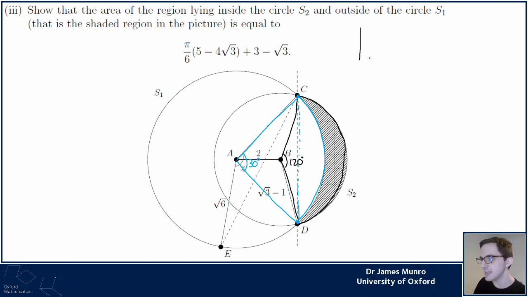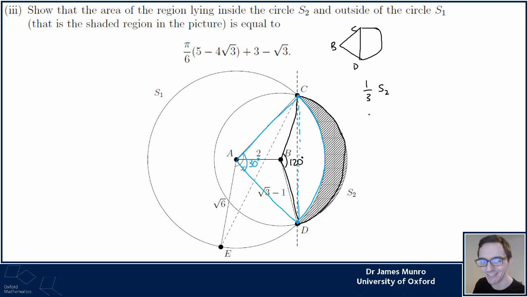So my idea here is I want this area going around the outside, including C to D. My plan is that going around the outside, I've got this kind of black area that comes down to B, and I know that overall that is 1/3 of the area of circle S2.